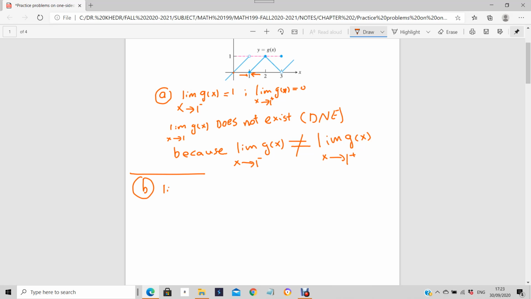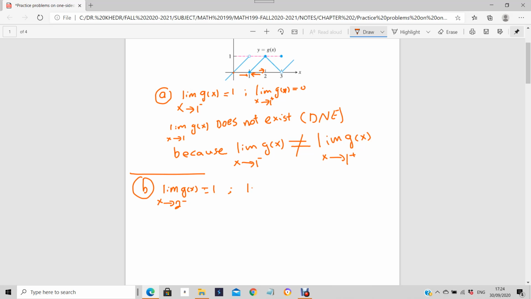So the limit of g of x as x approaches 2 from the negative side, from the left side, we have to follow this line. As x is approaching 2 from the left side, we start from 1, 1.5, 1.8, 1.9, 1.99. The graph of the function is increasing to 1. So the y value is approaching 1.